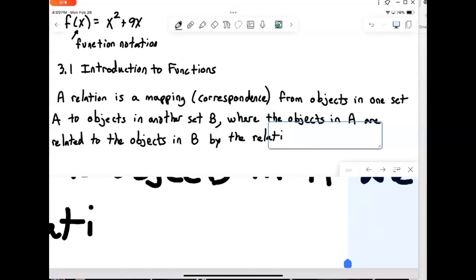The relation simply tells us what objects in A are related to what objects in B.